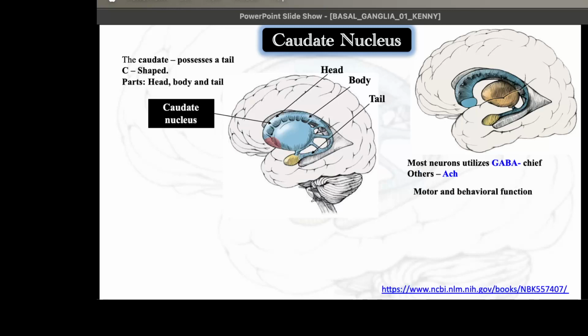The caudate nucleus has motor and behavioral functions, and it can now be classified that the head of the caudate nucleus will be more concerned with memory, cognitive and emotional function, and the tail of the caudate nucleus will be more associated with visual information, particularly visual discrimination.